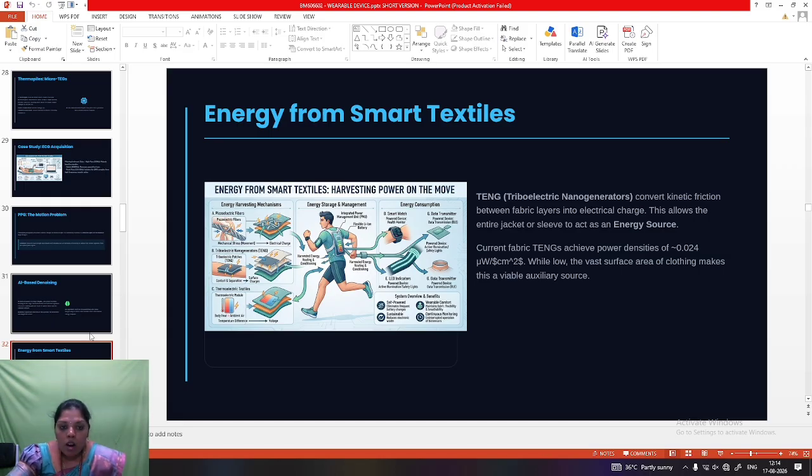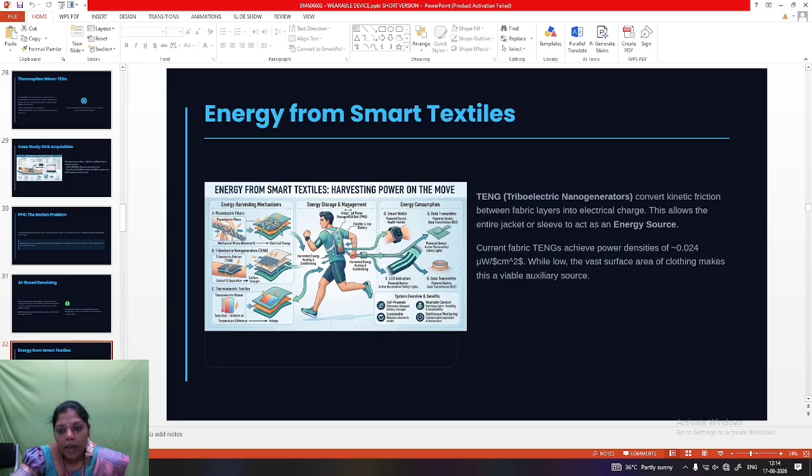Most important concept, energy from smart textiles. Energy harvesting from on-the-move mechanisms. Piezoelectric fiber. The second one is thermoelectric textiles.